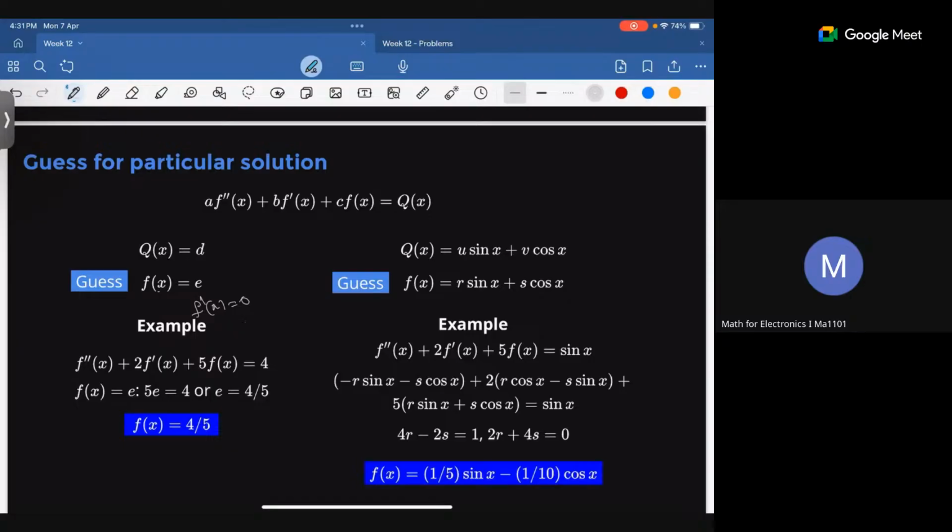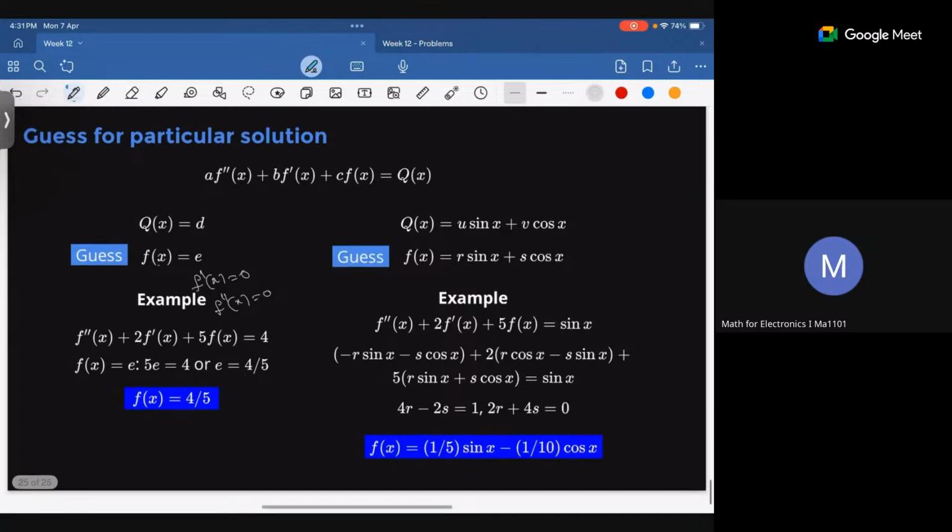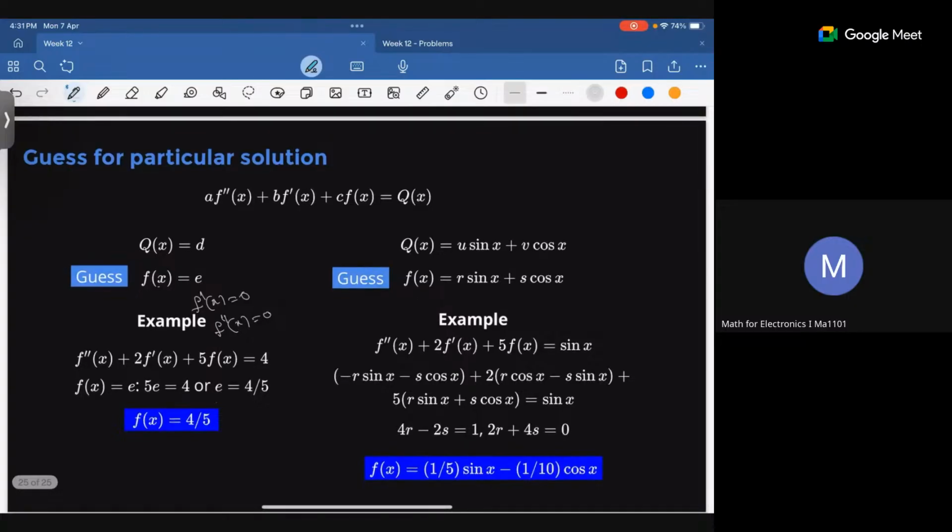If I differentiate a constant, it will give me 0. And f double prime of x will also be 0. If I substitute these three things, I will have 0 plus 5 times E equals 4. So 5 times E is equal to 4, or E is equal to 4 by 5.